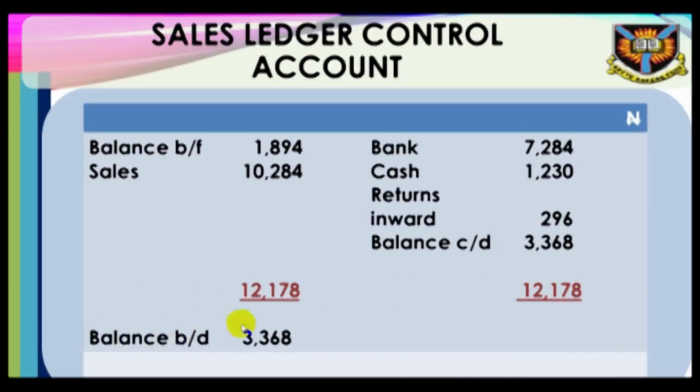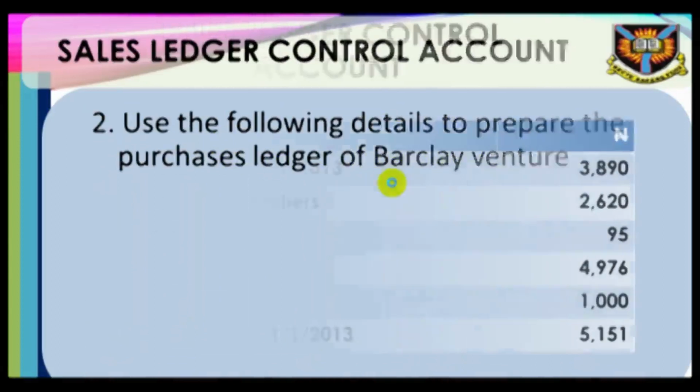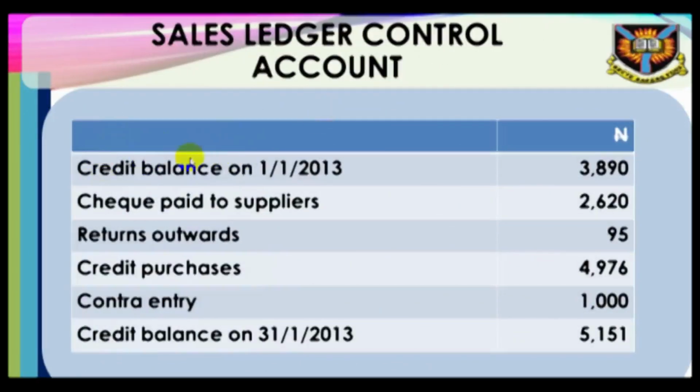Purchase ledger control account. Use the following details to prepare the purchases ledger control account of Barclay Ventures. Credit balance on the 1st of January 2013, 3,890. Check paid to suppliers 2,620.